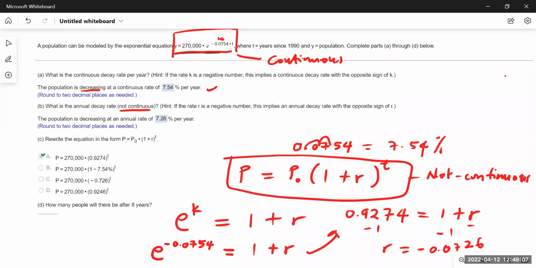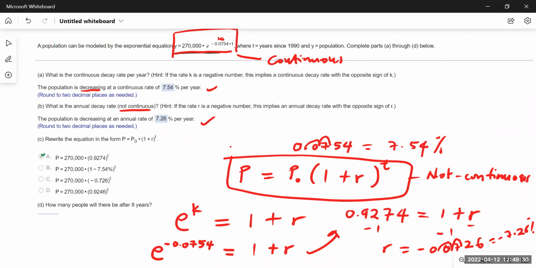Now we have to change this to a percent and round it to 2 places. So we're going to multiply this by 100, and that will give us negative 7.26%. And that is our answer for the B part.